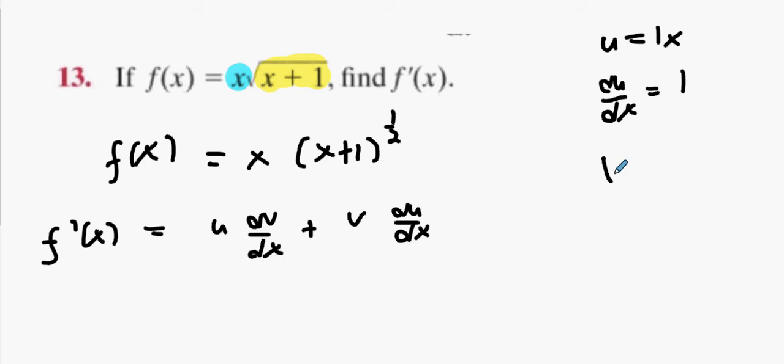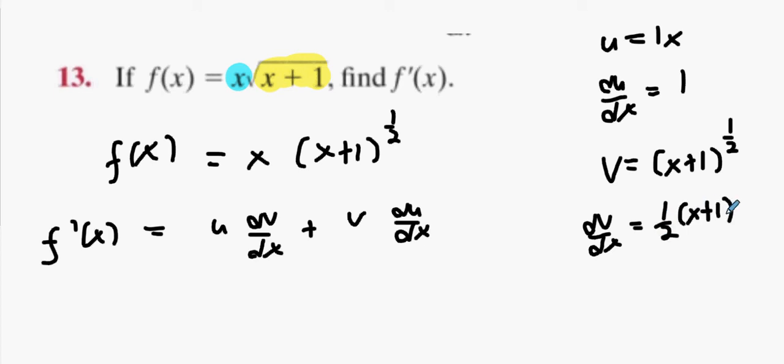V equals (x + 1) to the power of a half. You use the chain rule where you bring the half to the front. You leave the part in the bracket alone. You take 1 away from the power. Then you have to differentiate what's inside.